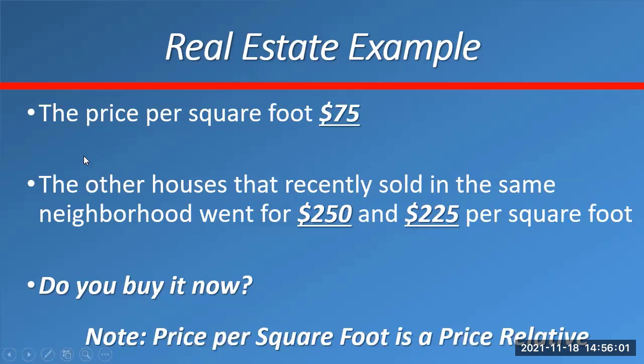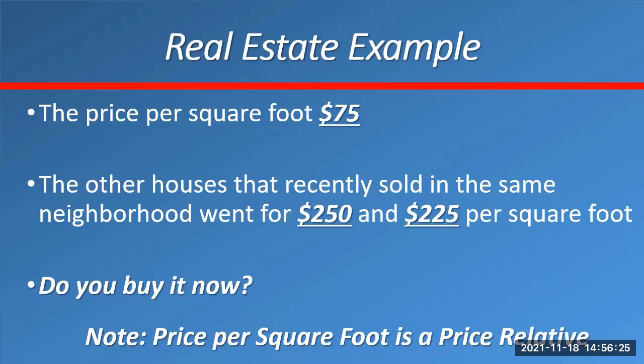Now, if I do it per square foot, this house you can buy for $75 per square foot. Those other two houses are trading for $250 and $225. Are you interested now? You still have the same problem of the mudslide and the cliff, but at least it's adjusted for the house's size. That's good. And price per square foot is a price relative.